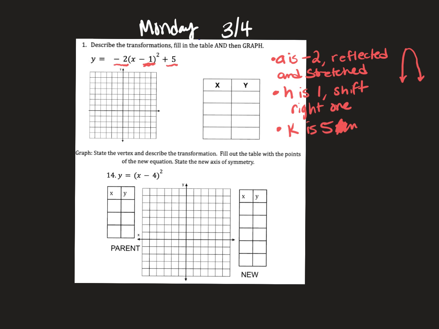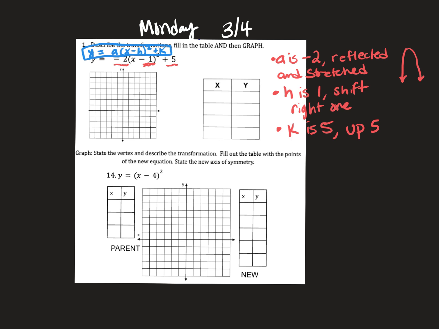Sorry, let me undo that right now. Okay, so if K is 5, that means the graph goes up 5. Remember, I should have written this for you at the beginning. So remember, our vertex form is y equals a(x minus h) squared plus or minus k, right there. So that's what I'm looking at when I'm talking about our a, h, and k.